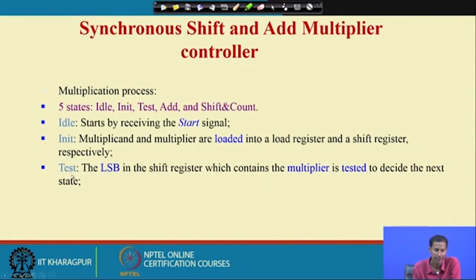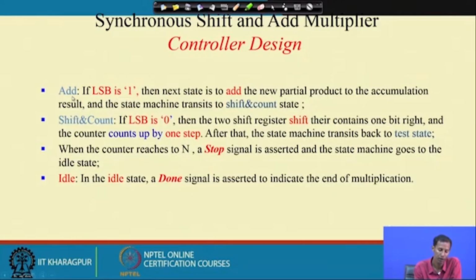Then in the test state, the LSB in the shift register, which contains the multiplier, is tested to decide the next state. Okay. So, if LSB is 1, then the next state is to add the new partial product to the accumulation result, and the state machine transits to the shift and count state.